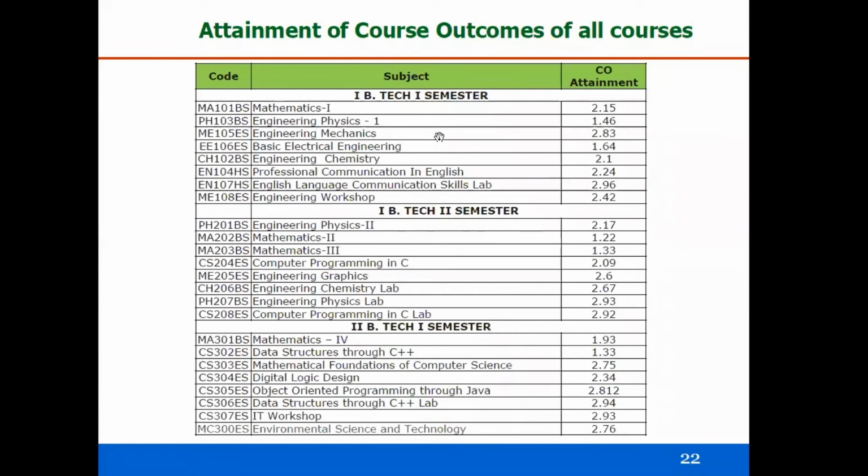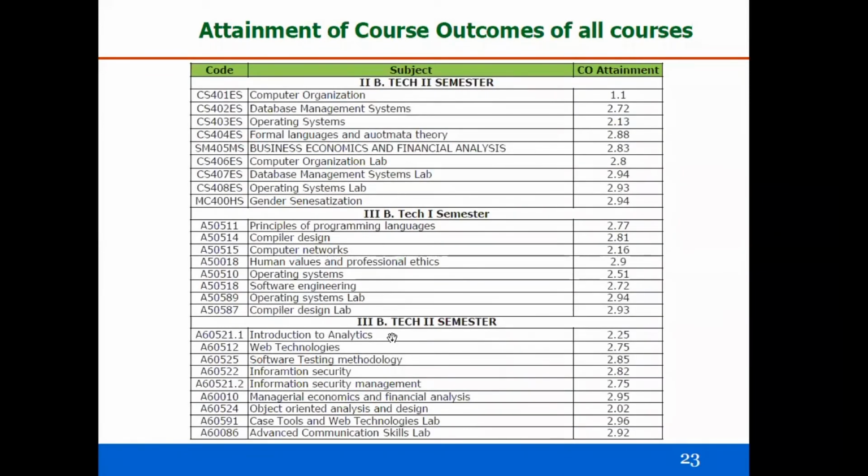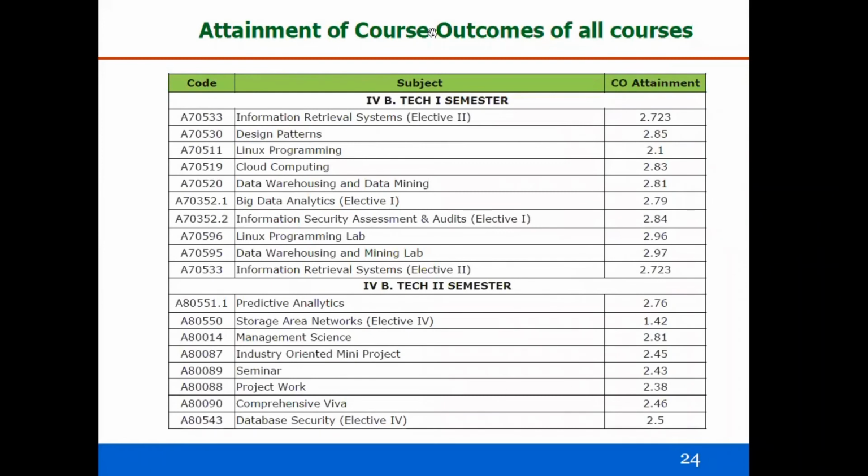For that program, 4 years semester wise: first year first sem, first year second sem, second year first sem, second year second sem, and so on, up to fourth year second semester. For all the courses, including labs, project work, seminar, comprehensive, and non-credit courses, all the CO values are listed here.